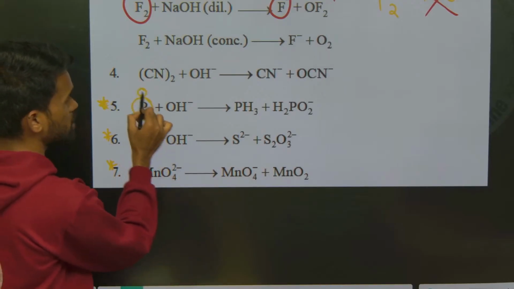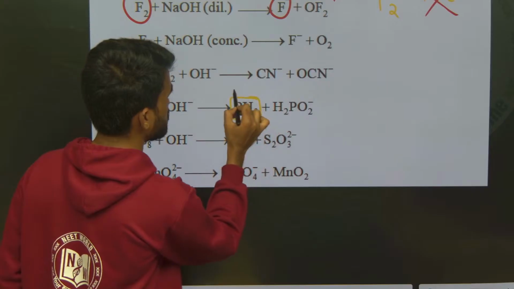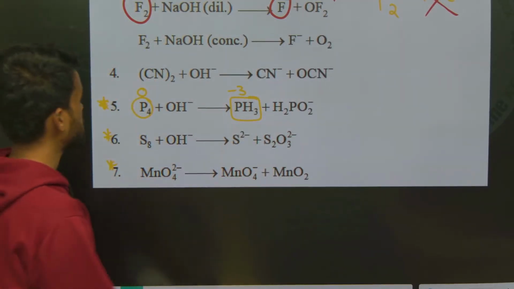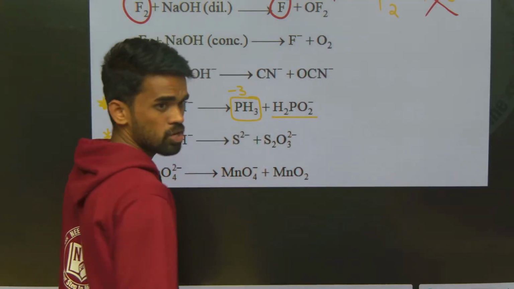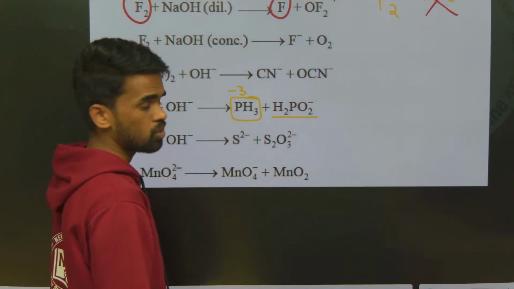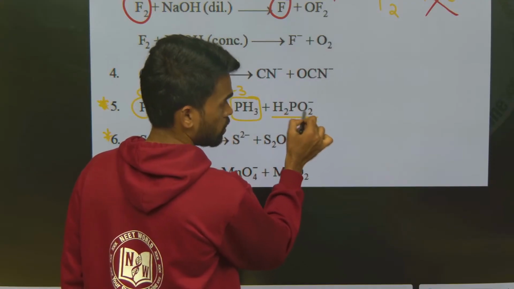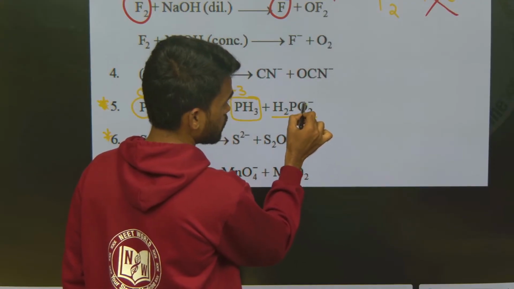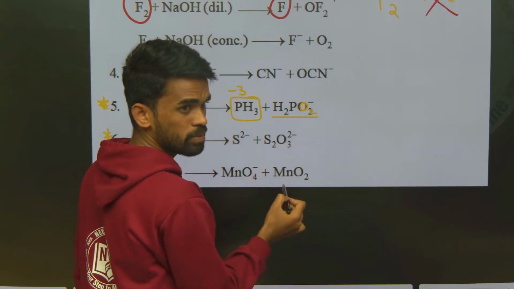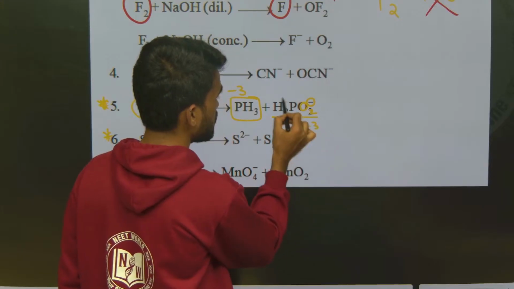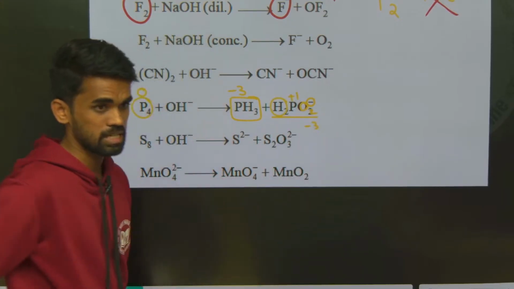So 0 converts into phosphine here. What is the oxidation state for P? -3 for phosphorus. And the next, here it is forming a salt of an oxo acid. O2 means -4, but here already -1 is there, so -3 here means +1 will be the oxidation state.